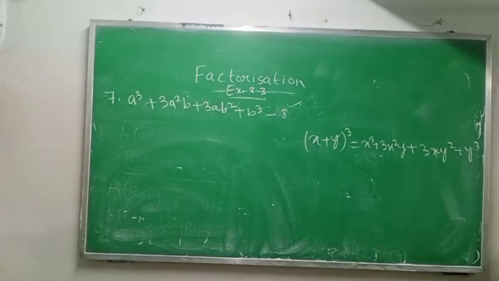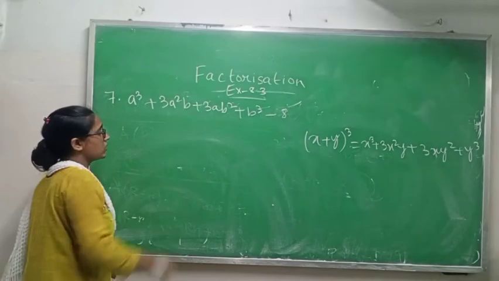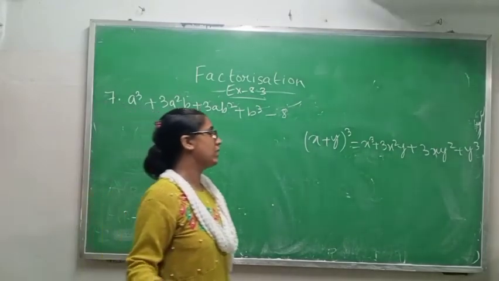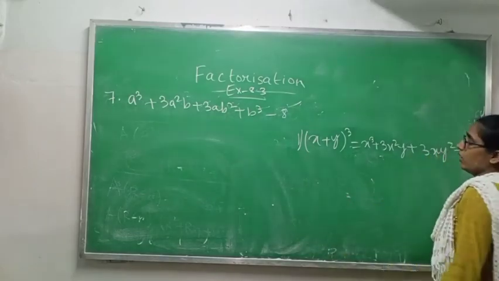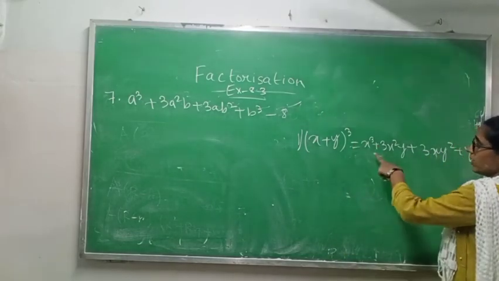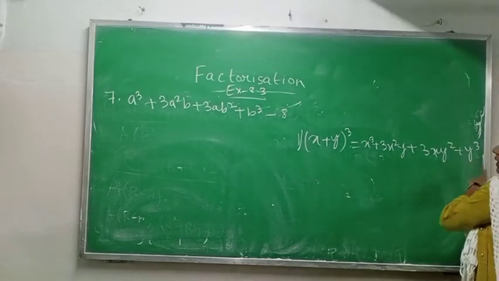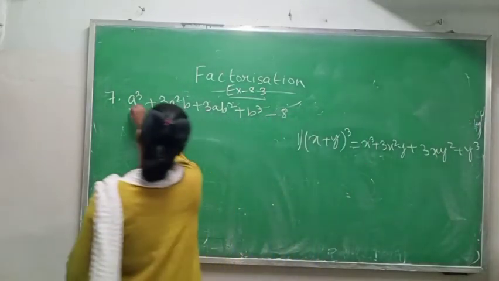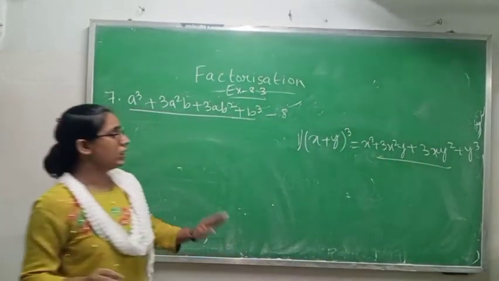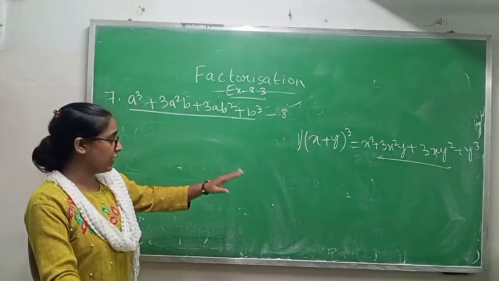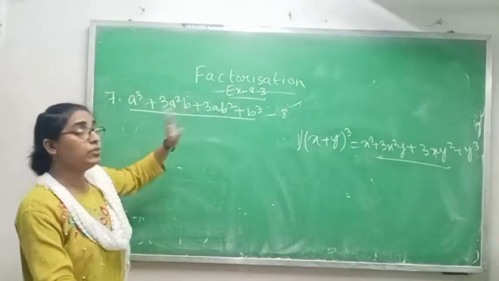Now class 9C question number 7 is written: a cube plus 3a square b plus 3ab square plus b cube minus 8. Now the first formula, this one is the first formula. x plus y whole cube formula is x cube plus 3x square y plus 3xy square plus y cube. Now you can see this part and this part are the same. The only difference is that in place of x in our question it is a, and in place of y we have b.